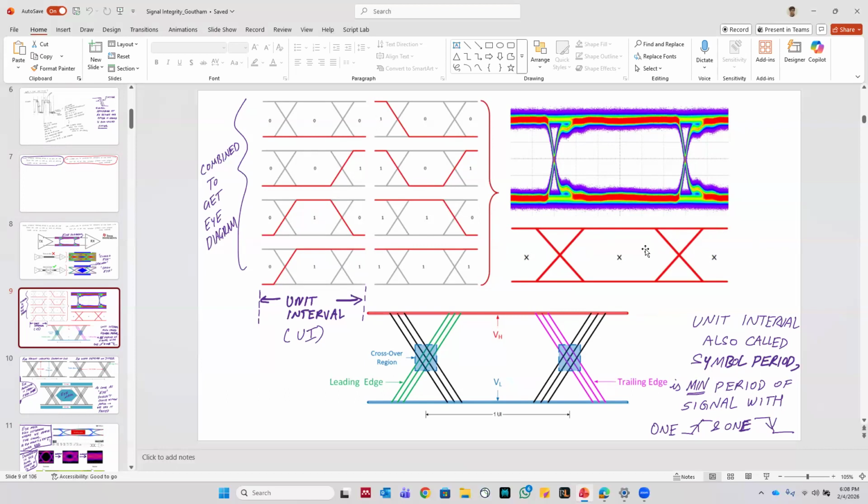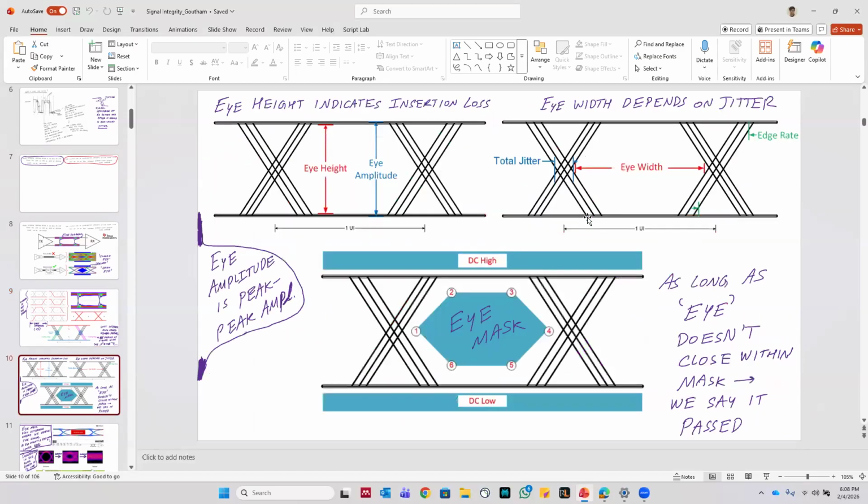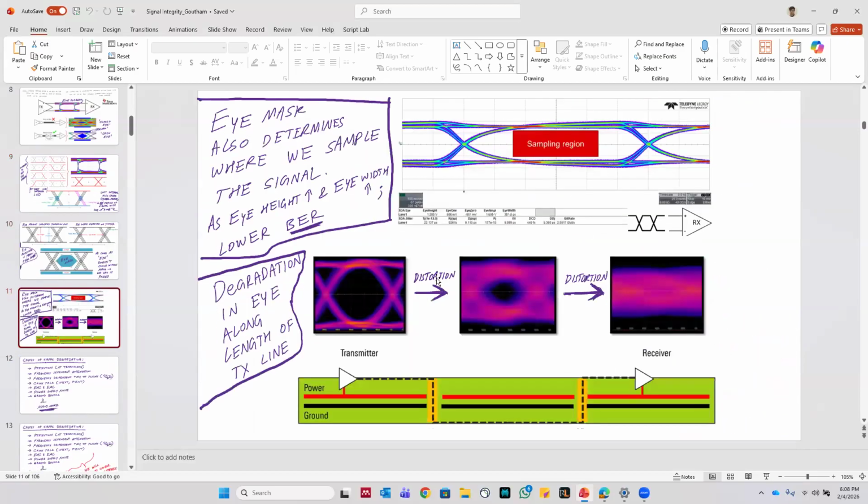But as the signal propagates through the link, because of the various distortions of the signal, when you construct the same eye diagram, you will notice that the eye essentially closes both in the Y, which is the amplitude, as well as in the time, which is the X, right? So this is typically what happens. For example, if a link wasn't designed properly and you find the eye diagram at different points in the signal, initially the eye is completely open, but as you move along, because of signal distortion, the eye starts closing.